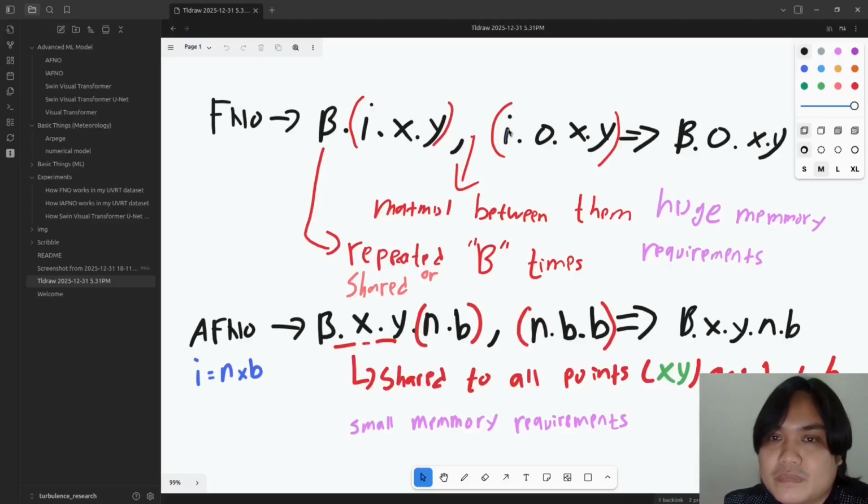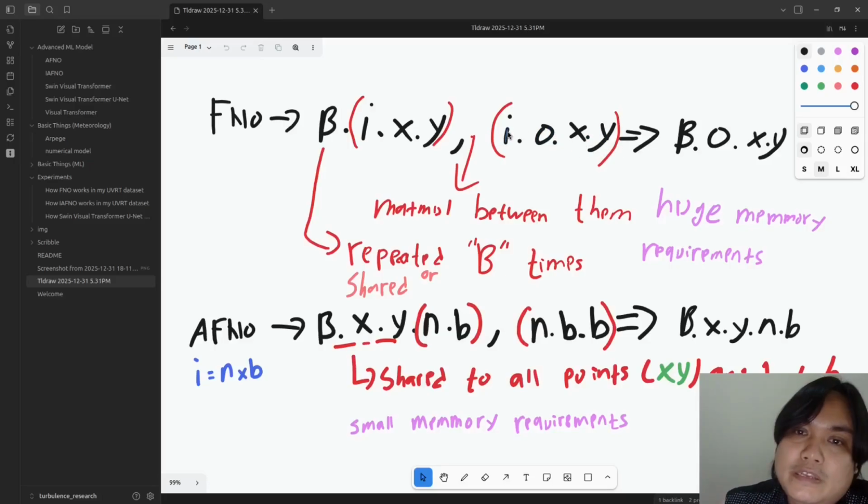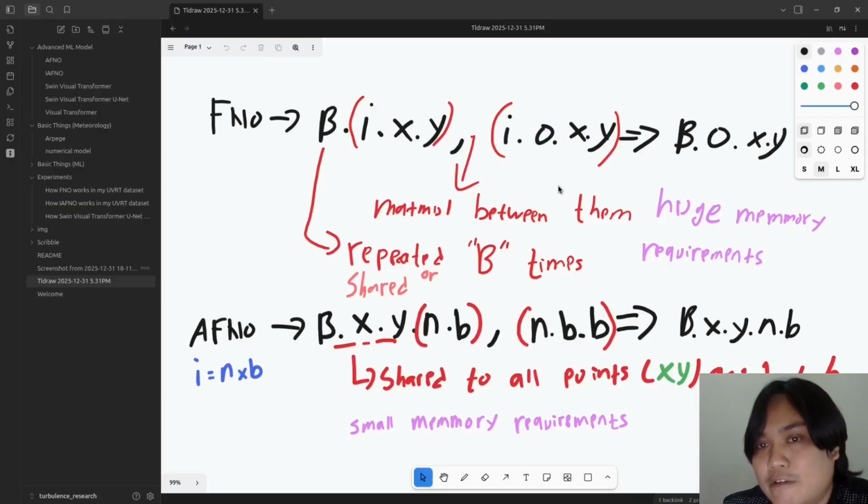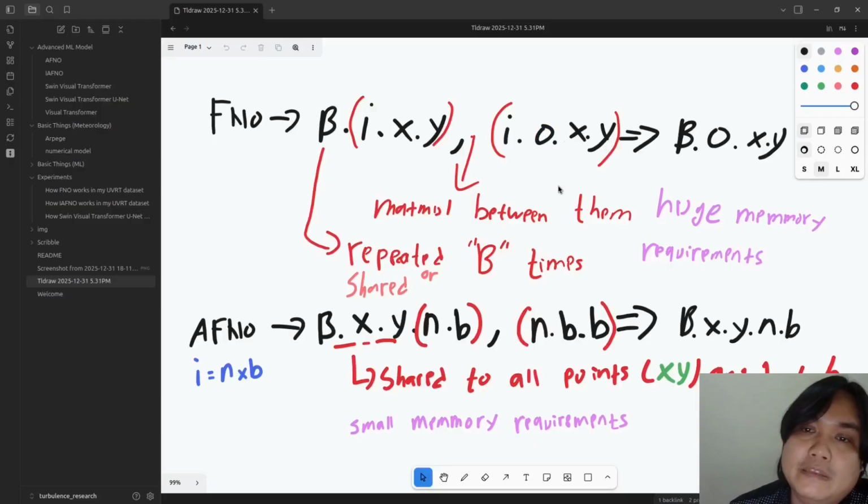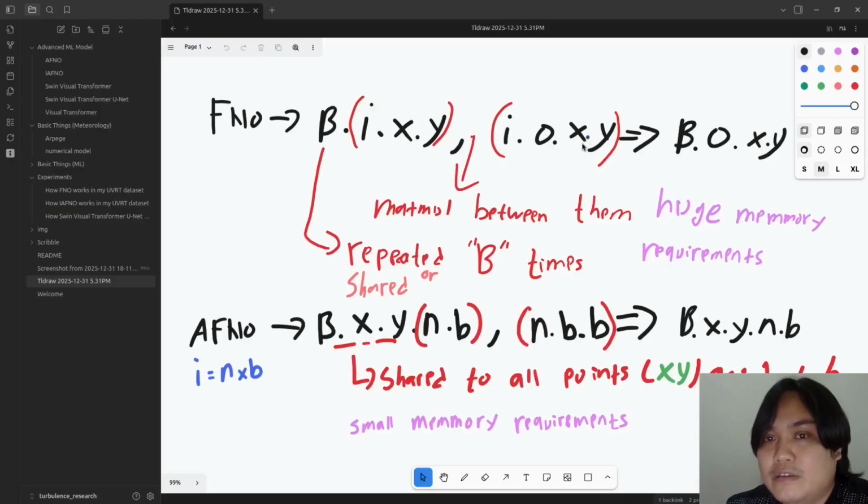Then O, X, Y: I is the input embedded dimension, and O is the output dimension that we want. X and Y must be the same as the X and Y of the input.